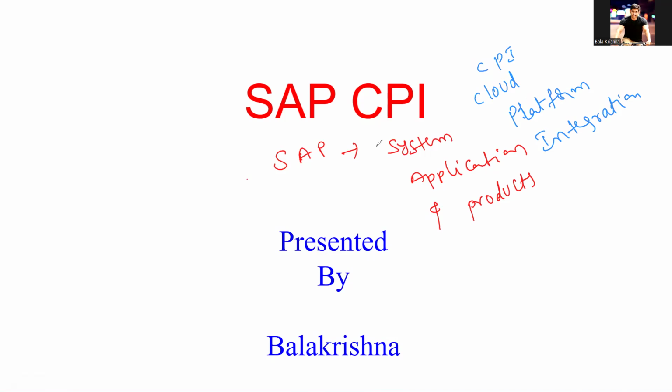What is the objective of SAP CPI learning in this class? This SAP, system application and products, is especially about discussing the data, for data processing purposes. If you want to process the systems data, application data and products data, we need to integrate with the cloud.